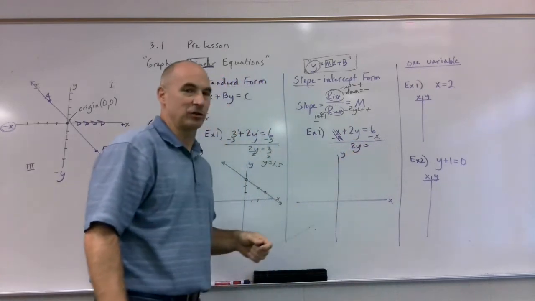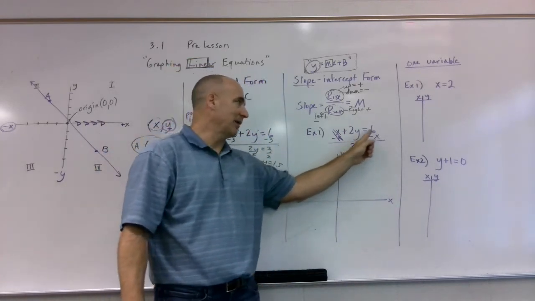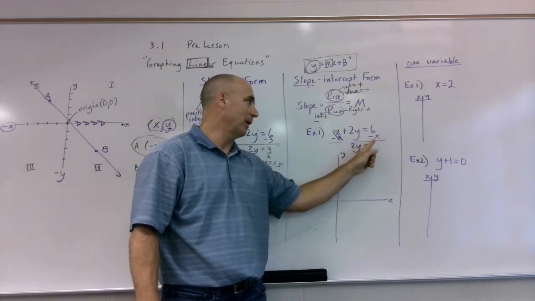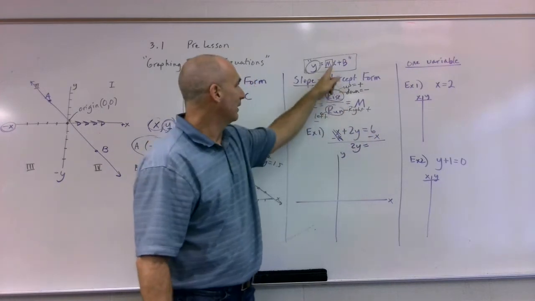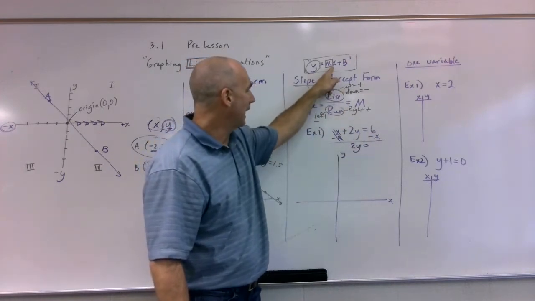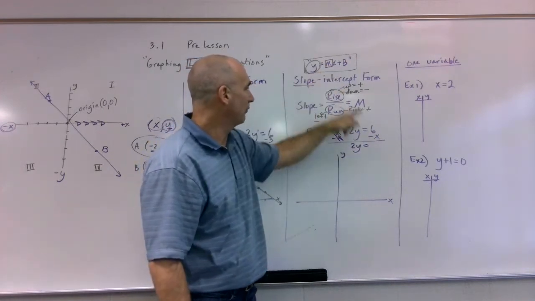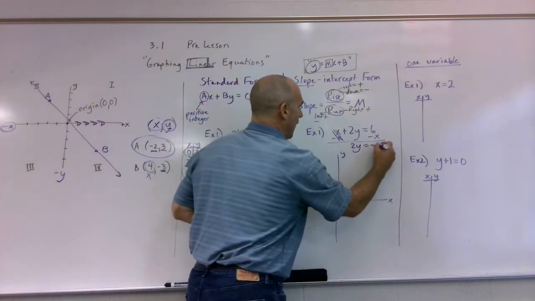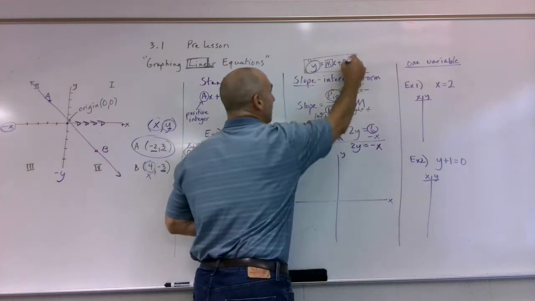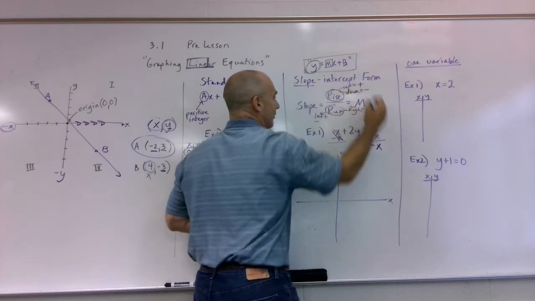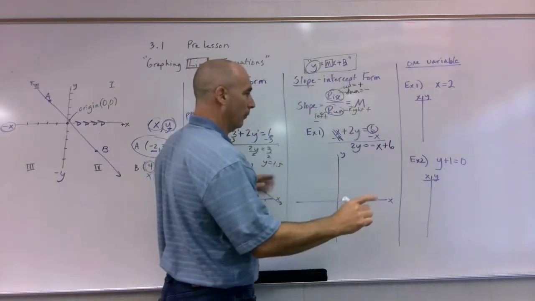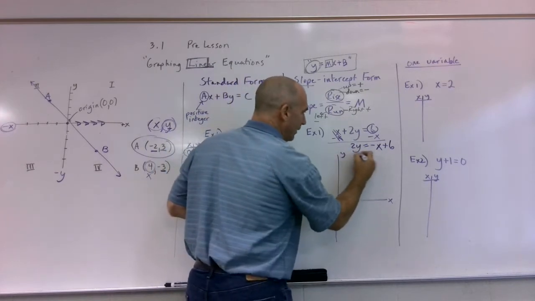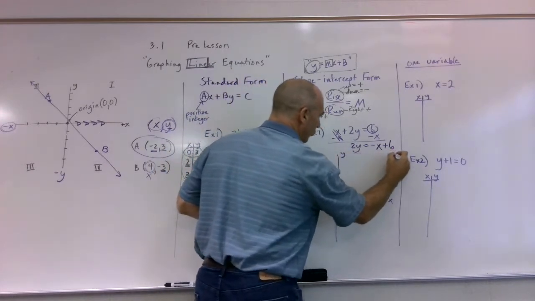Now I have a decision to make. Am I going to write this as 6 minus x, or am I going to write it negative x plus 6? Well, because it's mx, I got to put my slope and my x first, so that's going to be negative x, and then here's my b, because b is a constant, plus 6. Now, am I done yet? No. So I could divide by 2, divide by 2, divide by 2.